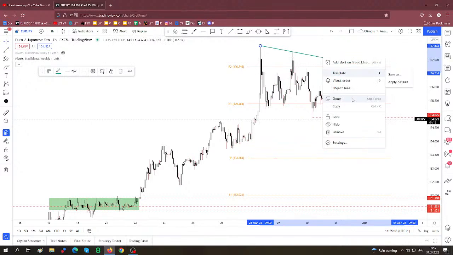Please take a look here. This could represent a flag, a down channel.